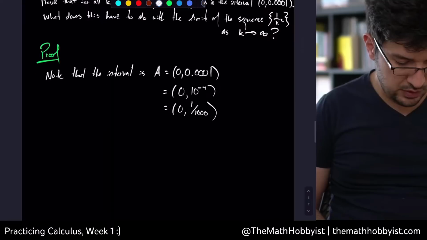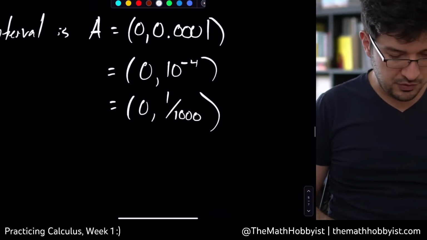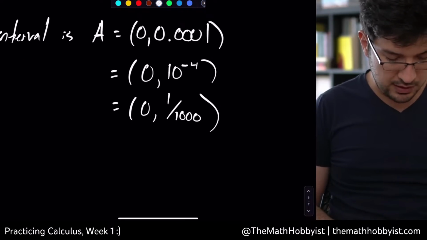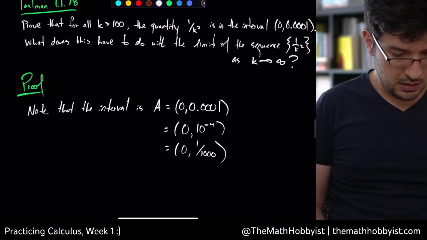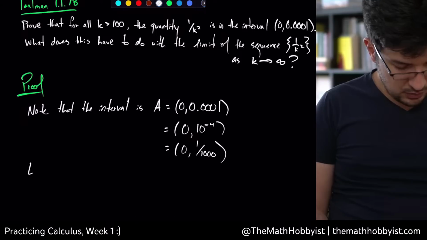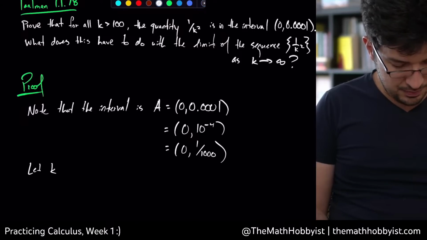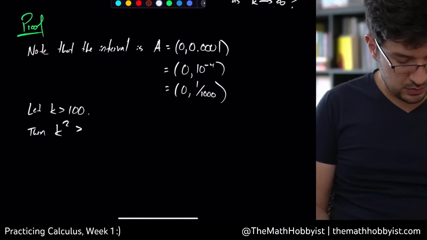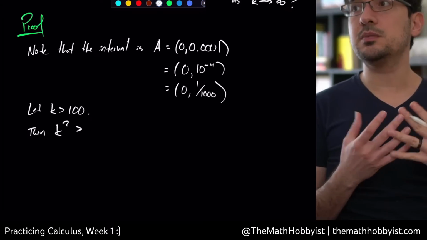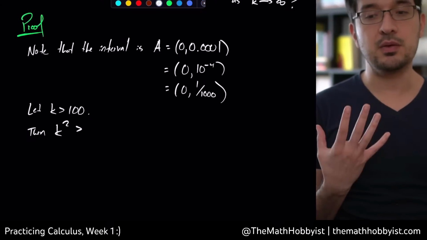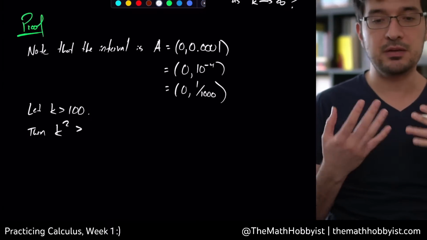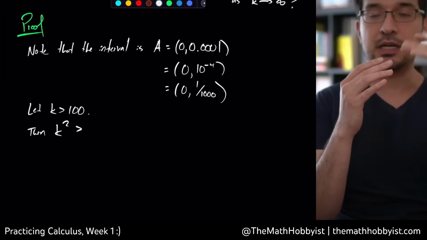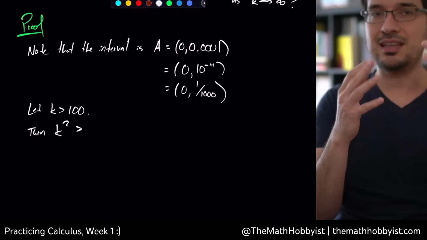All right, so the interval is from 0 to 1 over 10,000, right? Let k be greater than 100. Then k squared is going to be, if you square a number bigger than 1, you get a number even bigger than k.